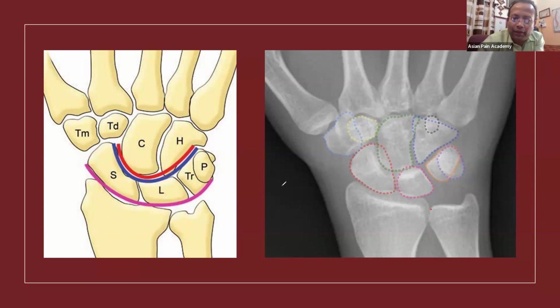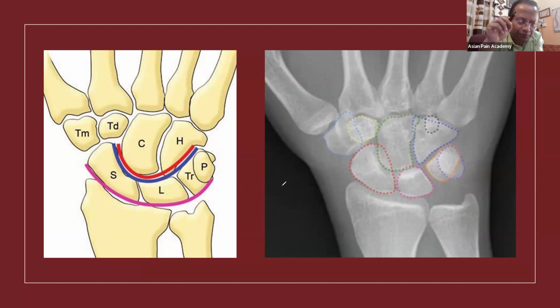In the ulnar side, you see there is a big gap. There is a big gap from the carpal bones and the ulna. So this is also important while putting your ultrasound probe. So you expect a gap. You do not expect an articular surface in this side. Okay, so this is one important thing.